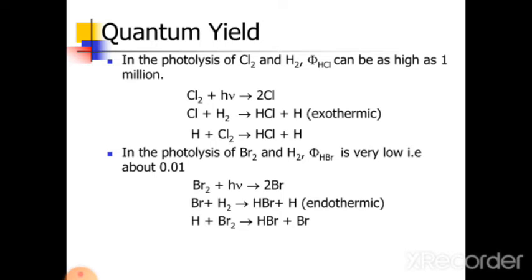The bromine reacts in the presence of light to give two bromine radicals. So Br reacts with H2 to give HBr plus hydrogen radical. It is an endothermic reaction. The HCl reaction is an exothermic reaction.